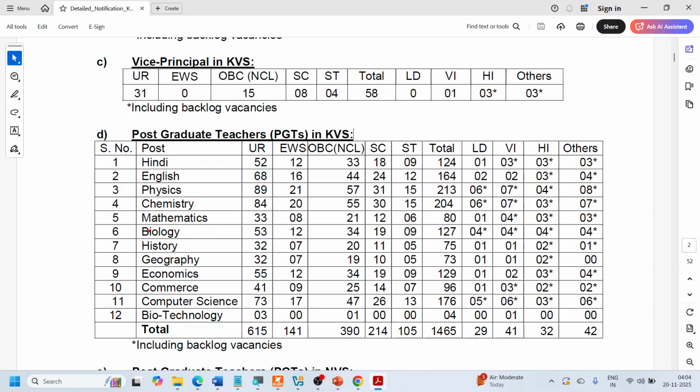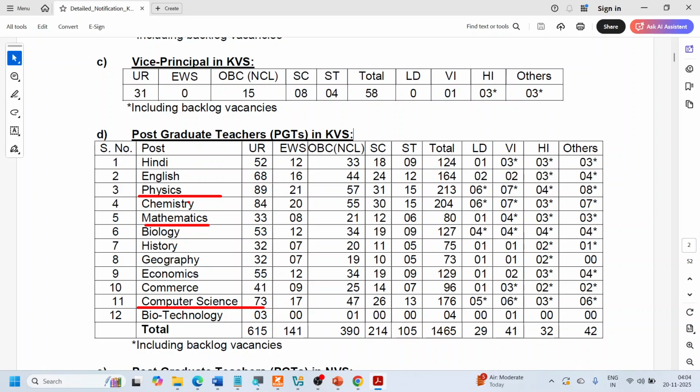For you, because you have taken physics, you have the physics post, the maths post, and computer science posts. For BCA students, unfortunately, you have only computer science left. So you cannot apply for physics or mathematics.